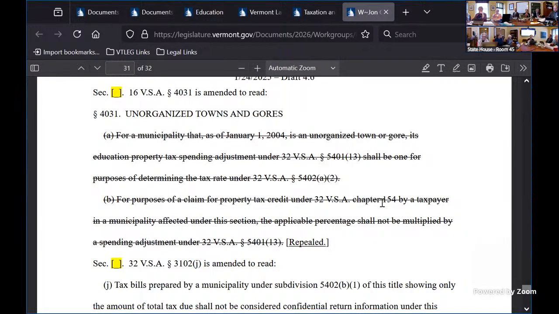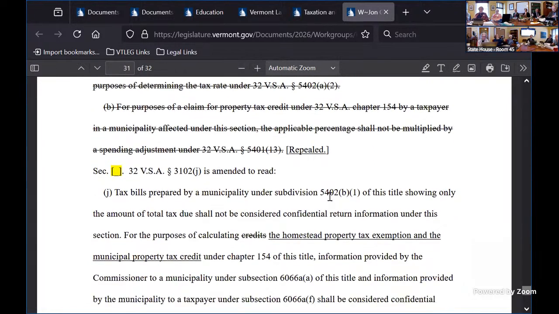I remember them from earlier. And in this case, they would just now be picked up the way that any municipality within a district would. Exactly. So you no longer have an education property tax spending adjustment. You're not using a base rate to then determine the local rates. So these are just technical terms that have disappeared. You no longer need them to make the mechanics work, is the way I would describe it.